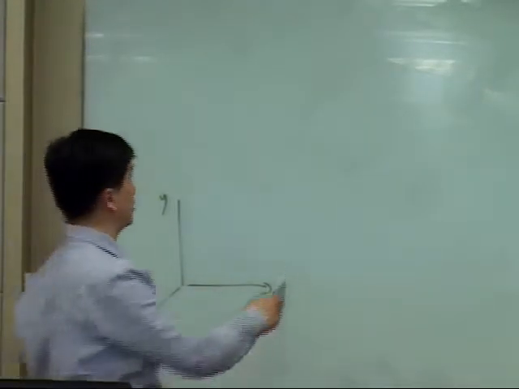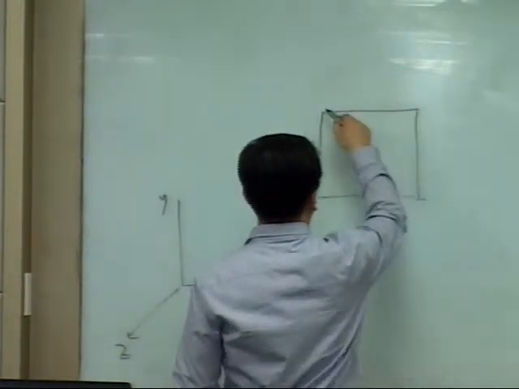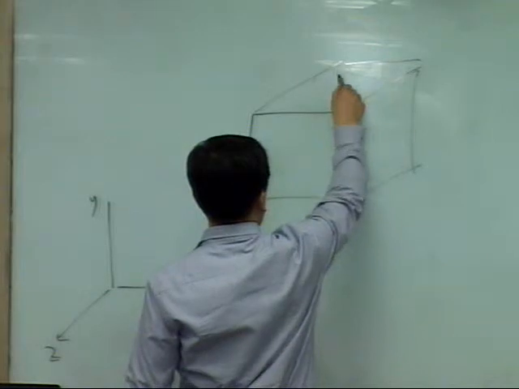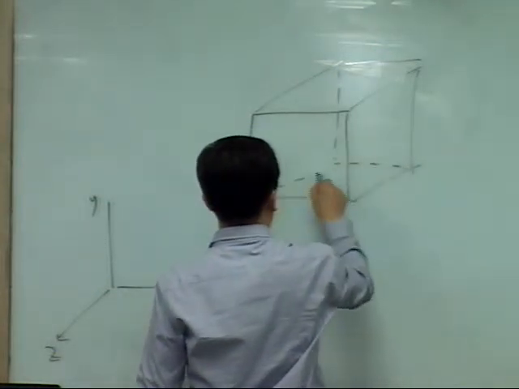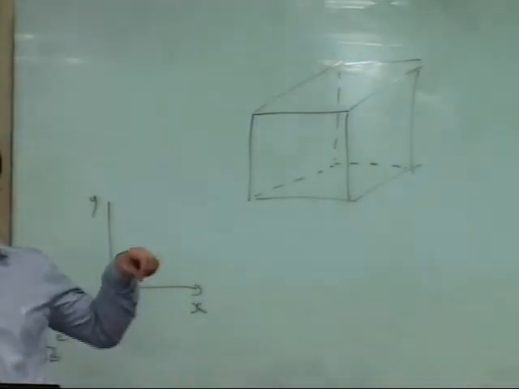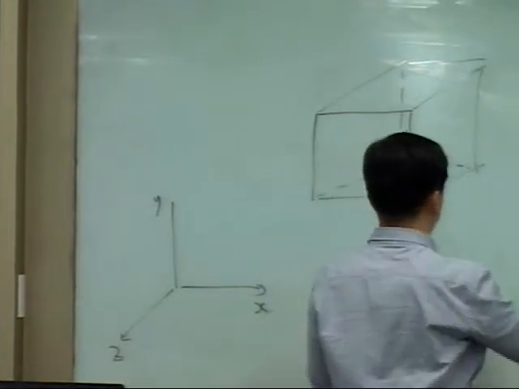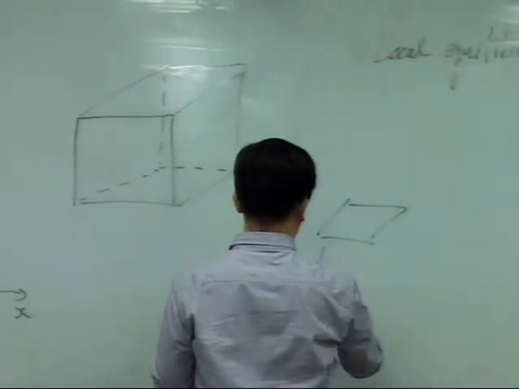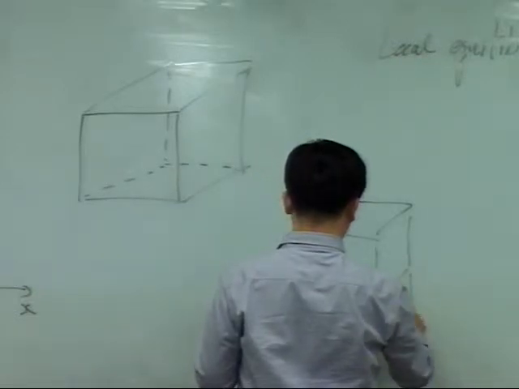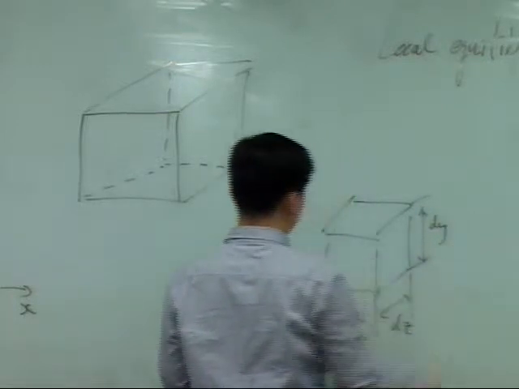In this coordinate system, I'd like to draw a cube. This is a very small cube. It has dimensions dx, dy, dz.